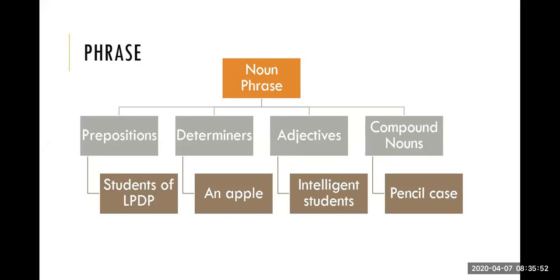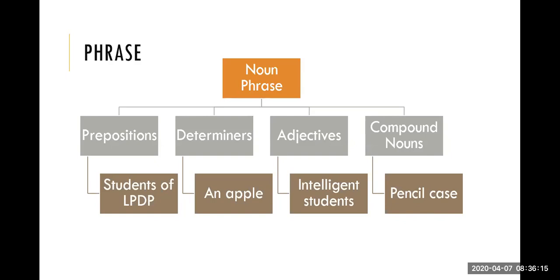Okay. And the last example of noun phrases is in the form of compound noun. Compound noun is actually two nouns combined together to form a new word. Like for example, pencil case. Both pencil and case are actually nouns, but they form a new word. Why?